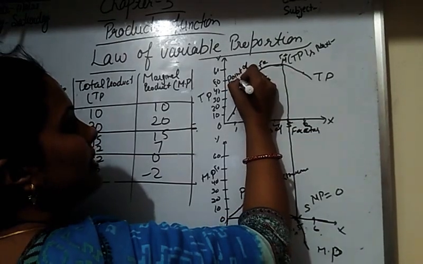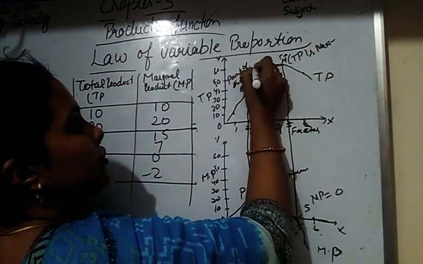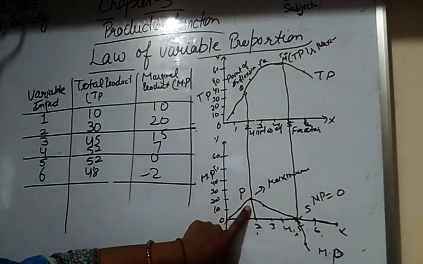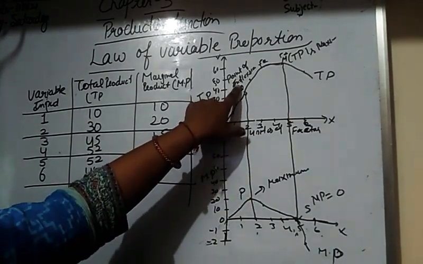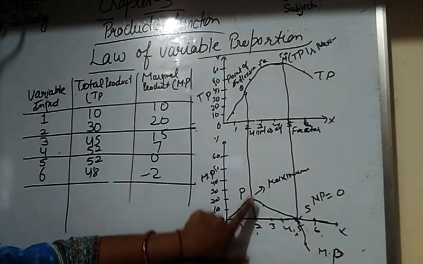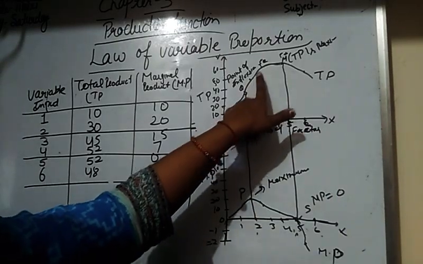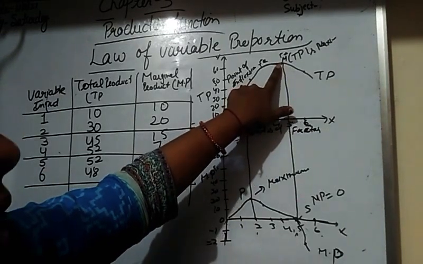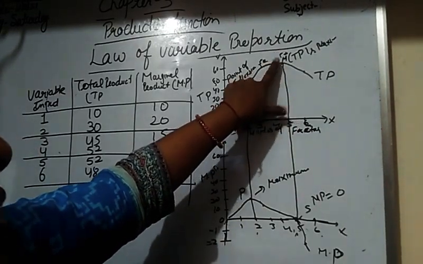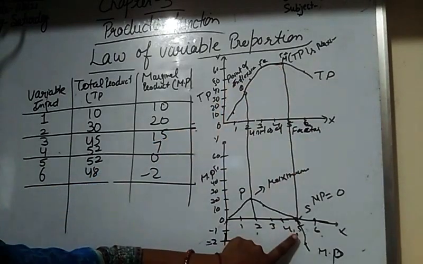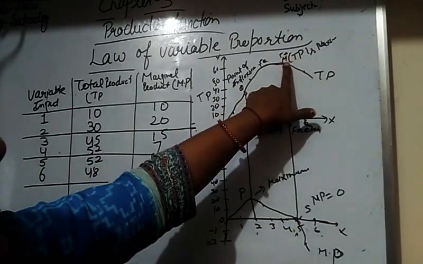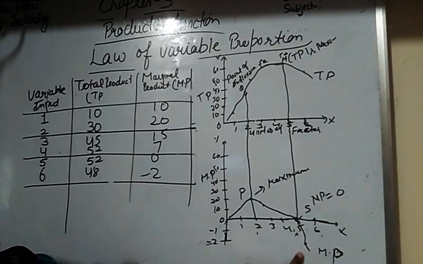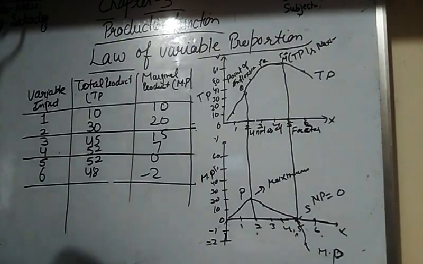Point of inflection means when total production is increasing at increasing rate and marginal production is maximum. After that total production increases at decreasing rate, and it is maximum at point M. When total production is constant, marginal production becomes 0. When total production falls, marginal production becomes negative.